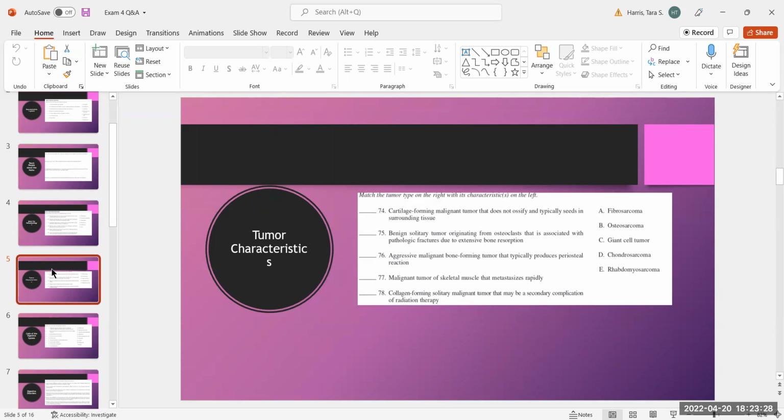So when you're looking at these and you're trying to remember, let's say the rhabdomyosarcoma, have you heard of rhabdomyolysis, or we talked about that in GI? Yes. Remember that has to do with muscle. Whenever I'm studying, I try to find key points that help me to remember those kind of things. So with the malignant tumor of the skeletal muscle, that would help me remember that it has something to do with rhabdo. And then of course, if it's a sarcoma, it would be a tumor form. Okay.